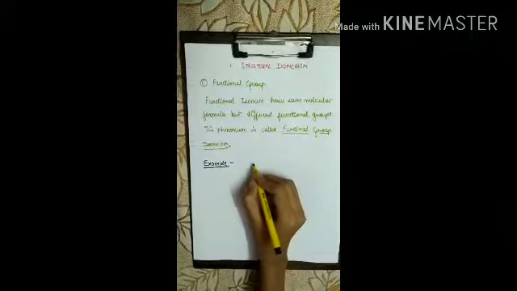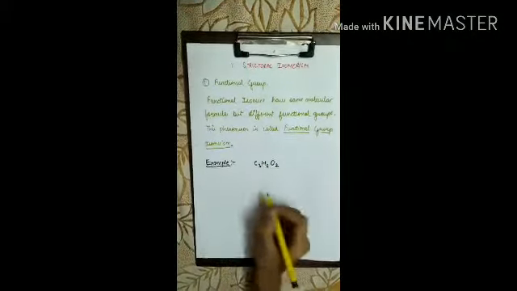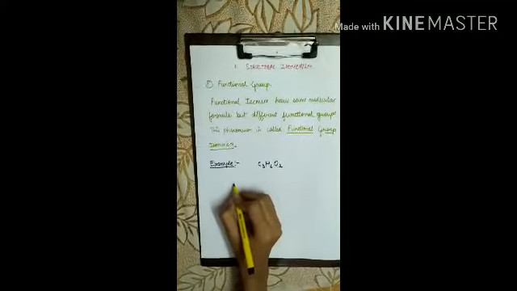Let's take the example of C3H6O2, which has two functional group isomers, the first being propanoic acid.